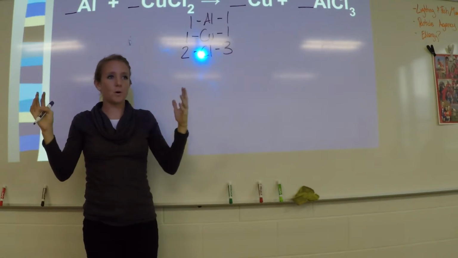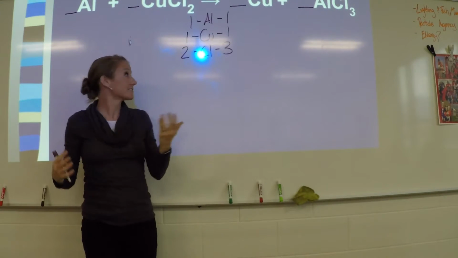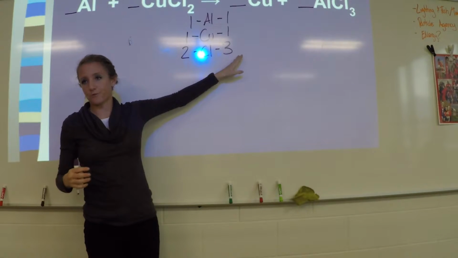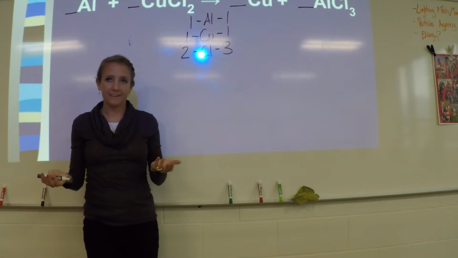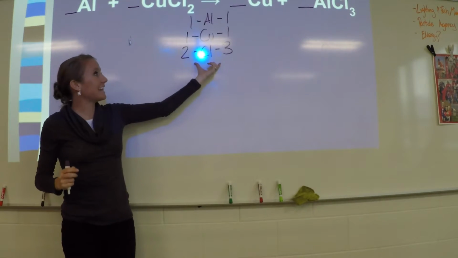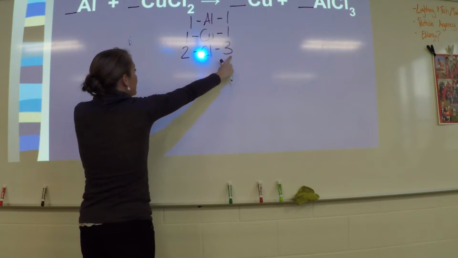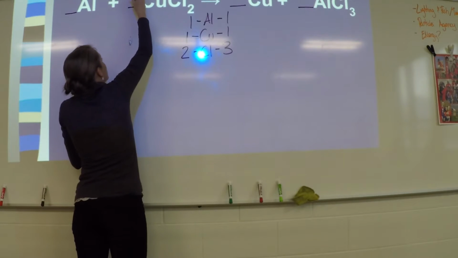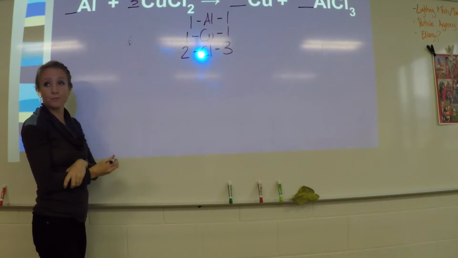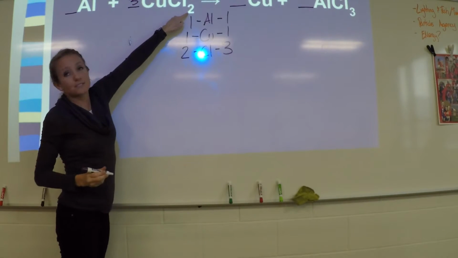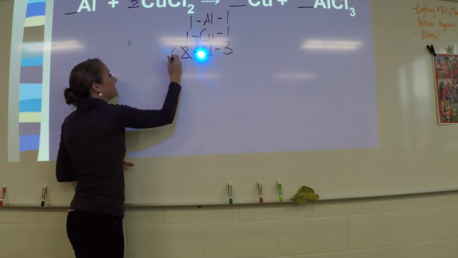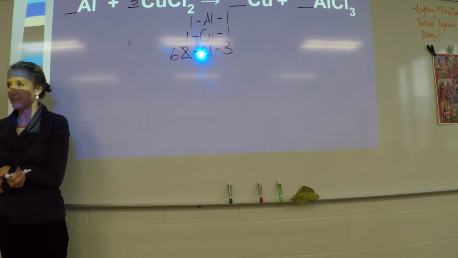There's not an easy way, right? There's nothing you can do 2 times to get 3. That's not a fraction. So if that ever is the case, we times them by each other. So I'm going to take this side and times it by 3. Because if I put a 3 there, 3 times 2 gives me a new total of 6 chlorines.